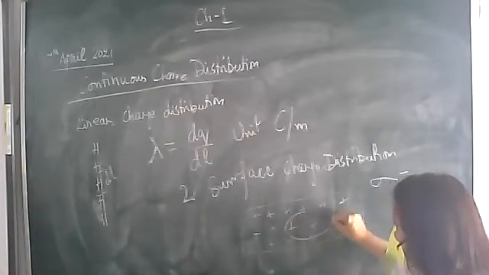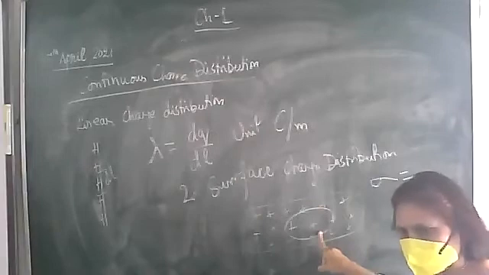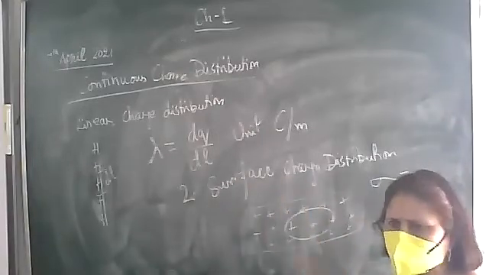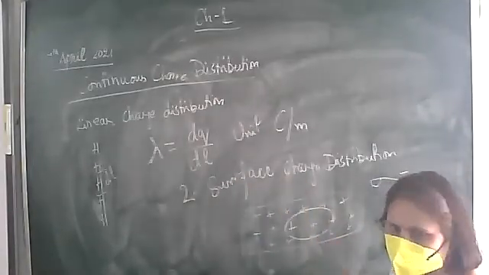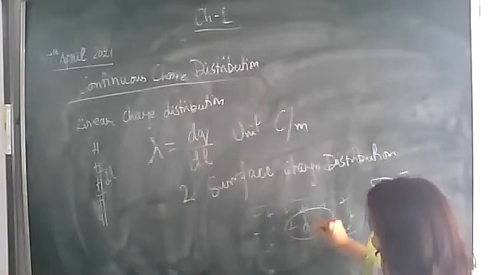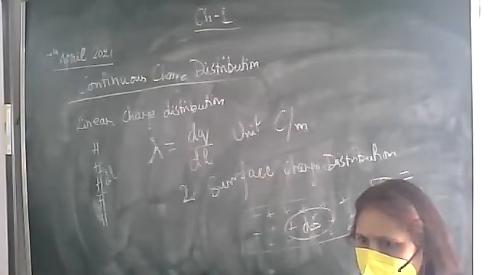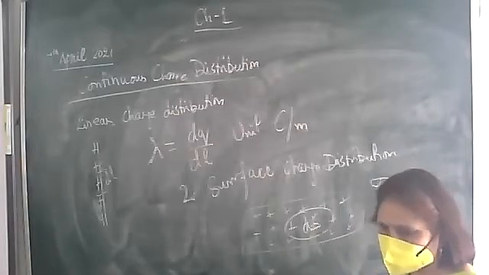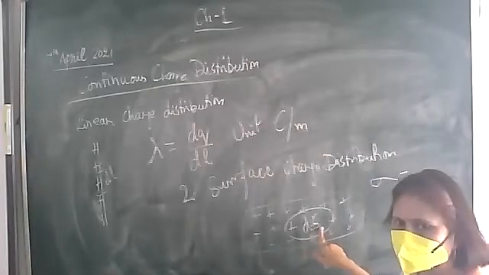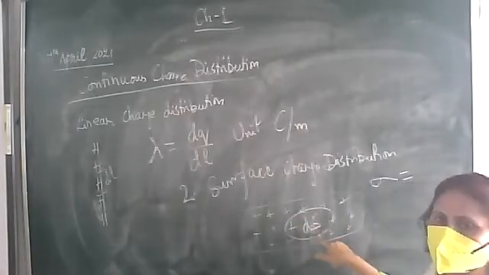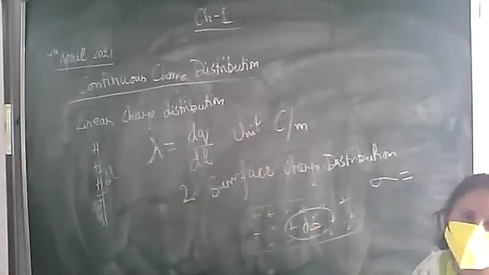Let us consider a small area on this surface. It may be an infinitely long surface, so we consider a small surface area ds, and in this small area, let the charge be dq.